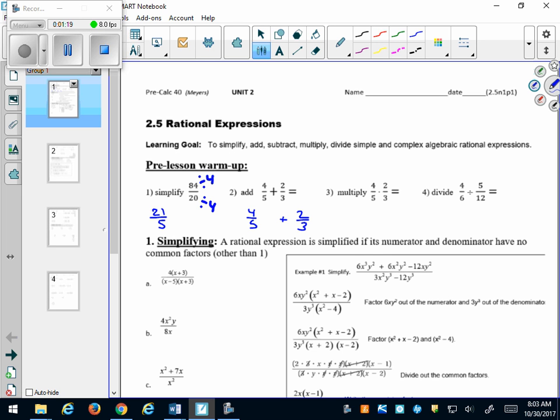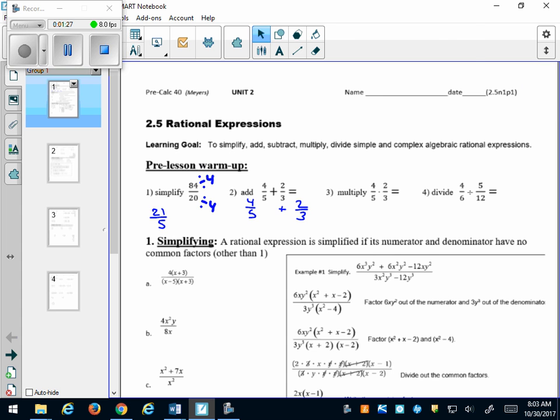Okay, so if we're going to make this 4 over 5 something over 15, what do we need to do to the bottom to get it to be a 15? Multiply by 3. But if we multiply the bottom by 3, then we have to multiply the top by 3. So on the top, I get 12 over 15.